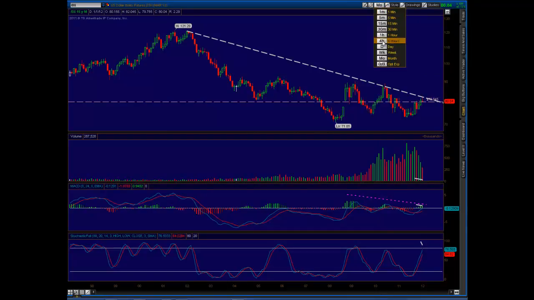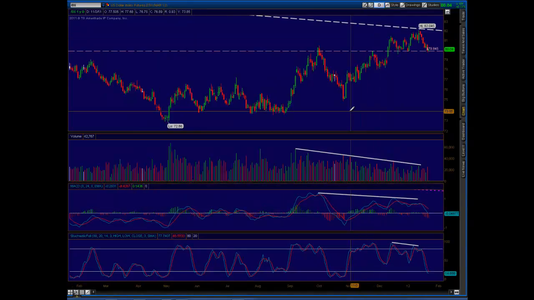Let me go ahead and move to the daily. First of all, I wanted to show you the contraction volume on the way up. This is the daily chart, all the way back from May of last year, 2011, this whole way up to where we're at right now.